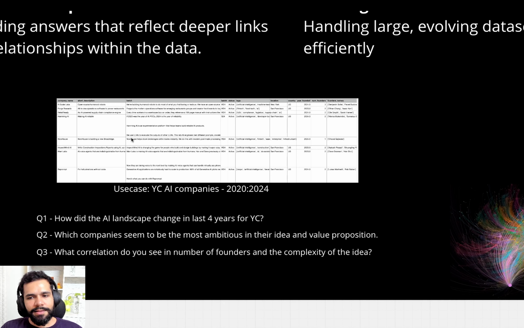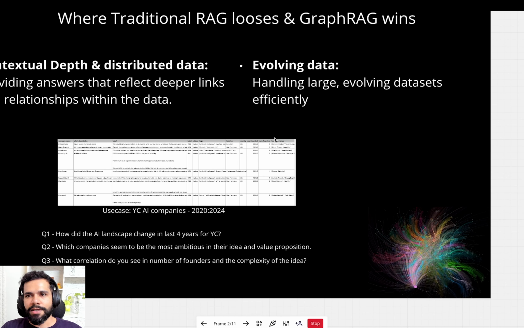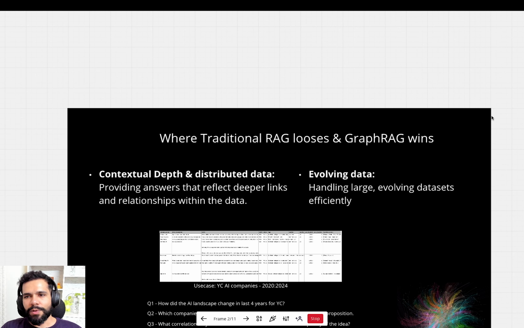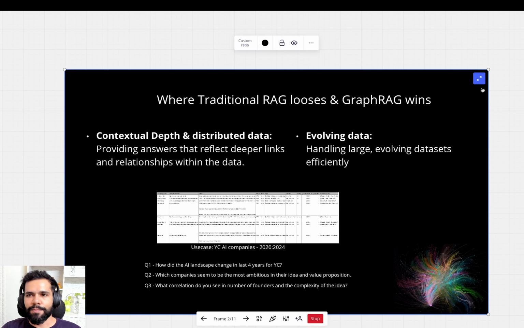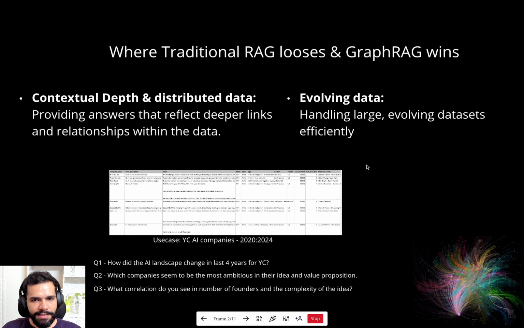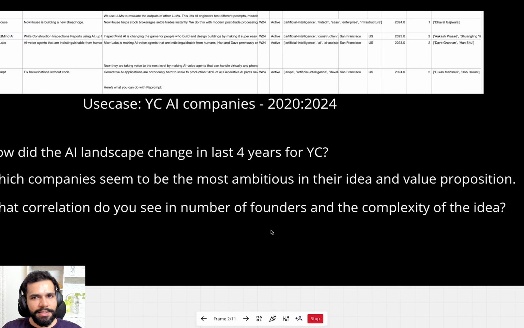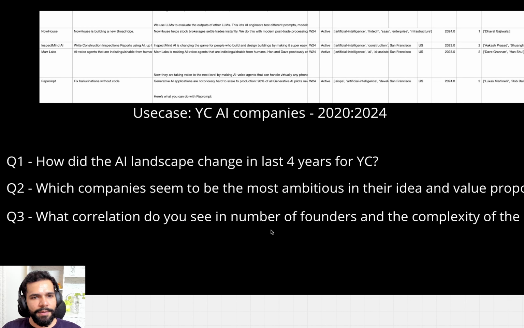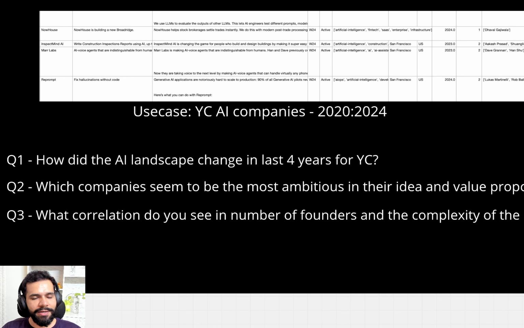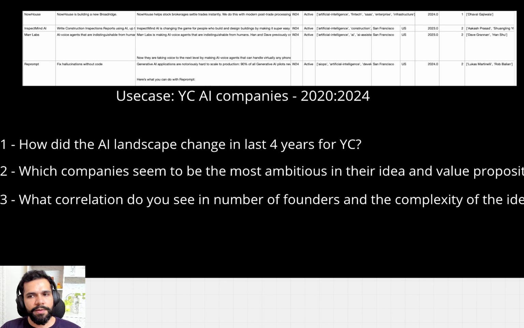Now, traditional RAG systems will be able to ingest this, but to what capacity? That's the idea here, that we explore the capabilities of GraphRAG by defining a few questions. We just leave the usual notion of semantic search and we go a bit beyond.